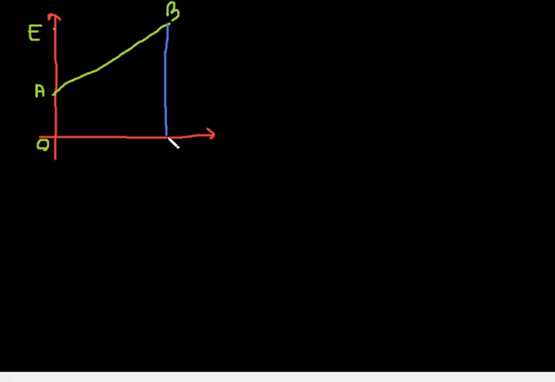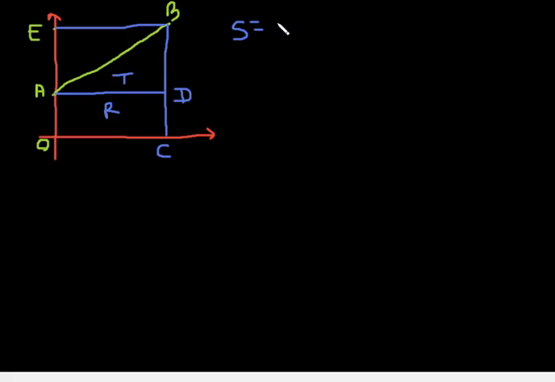The blue lines are imaginary lines, as I have already mentioned. Now this point is D, this point is C. So the area under the curve AB will take this triangle plus this rectangle. So the area under the curve shows the displacement. So S is the displacement.